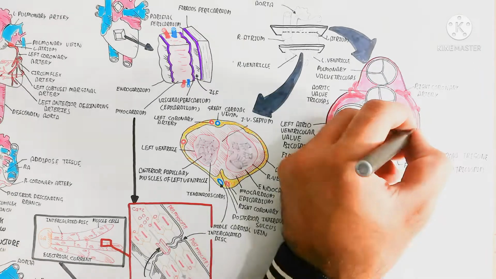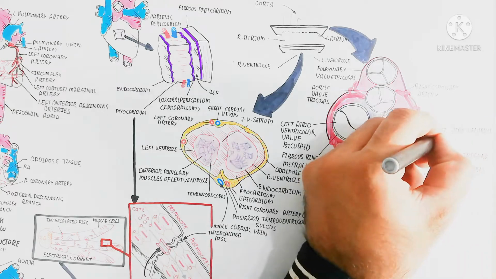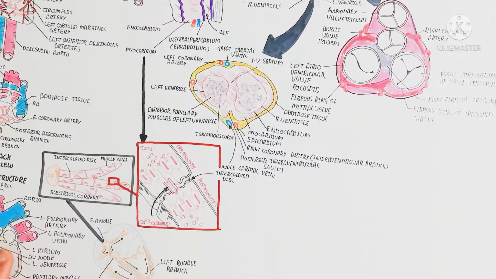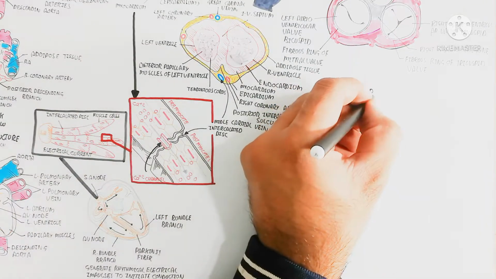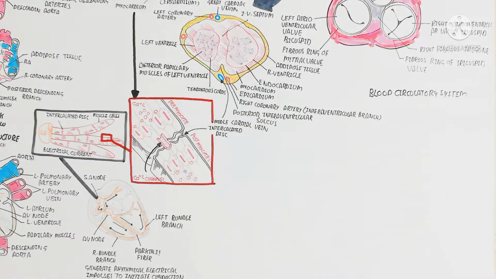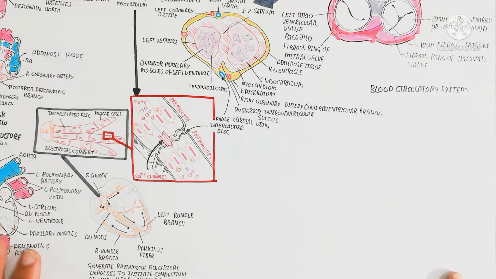Here is the wrapping around the fibrous ring of the tricuspid valve, you can see in this diagram, and inside is the right fibrous trigone. Trigone means the triangular structure you can see, and the blood circulatory system requires all these things for understanding.